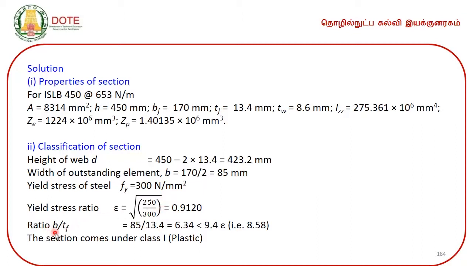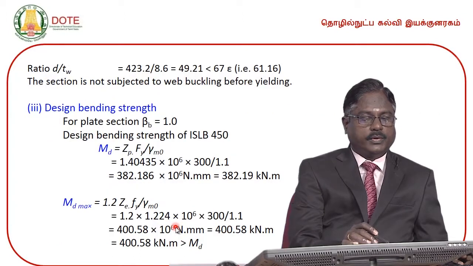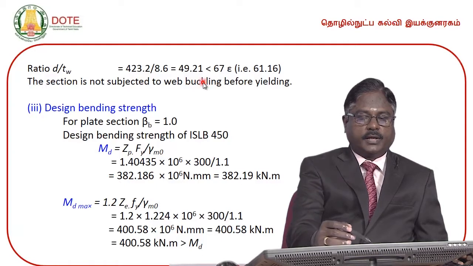So, limiting width to thickness ratio is found to be 6.34, and for class 1 this is to be within the limit of 9.4 epsilon, that comes around 8.58. So, since the b by tf value is less than 9.4 epsilon, the section is class 1 section or plastic section, and ratio between depth to thickness of web is equal to 49.21, which is less than 67 epsilon.